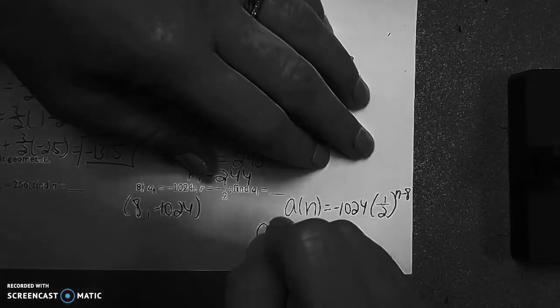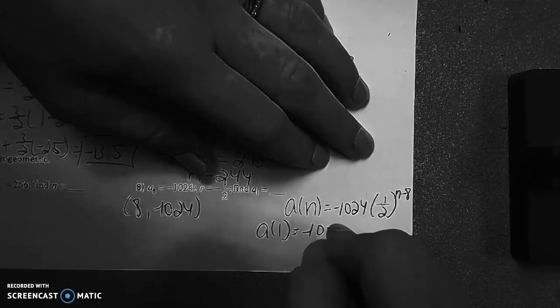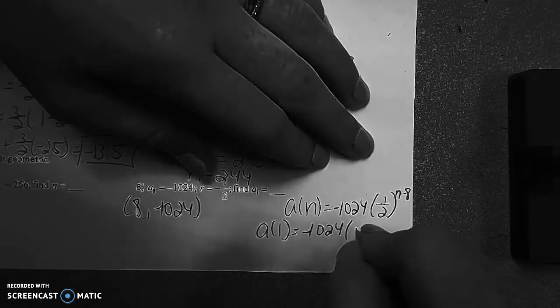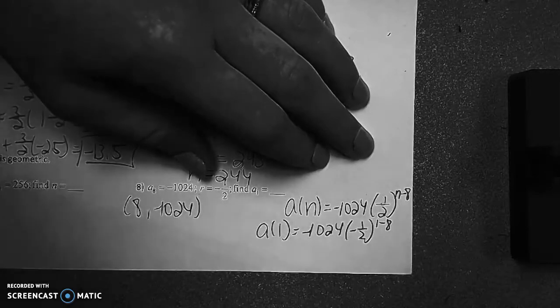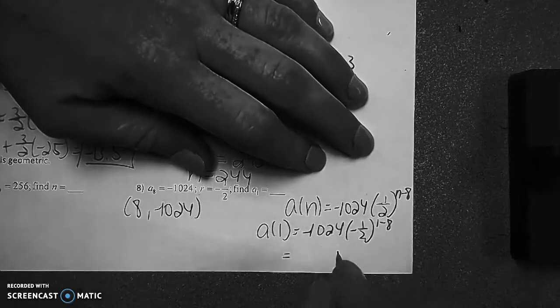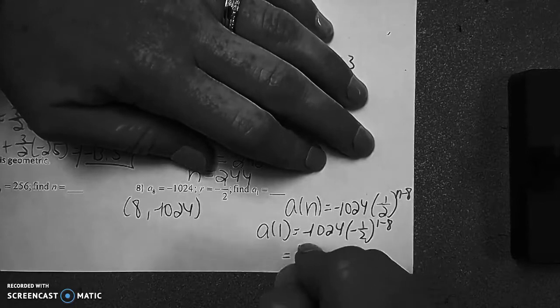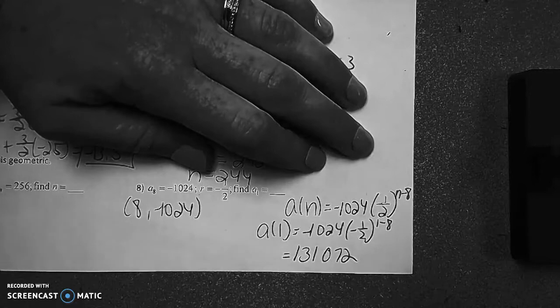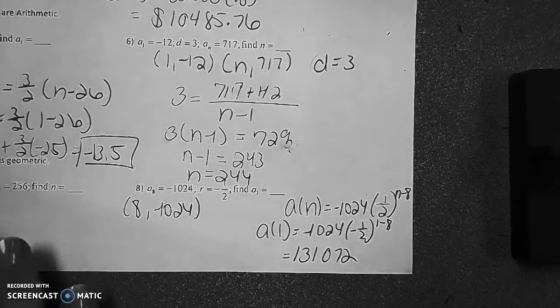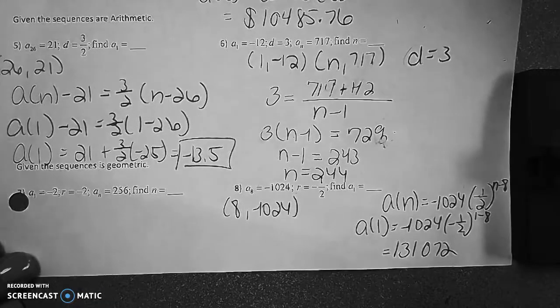And it asks me to find A1. I can just plug that straight in. And when I do, I end up getting 131,072.